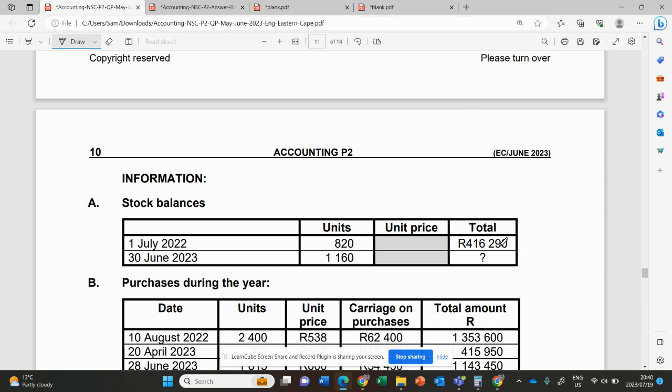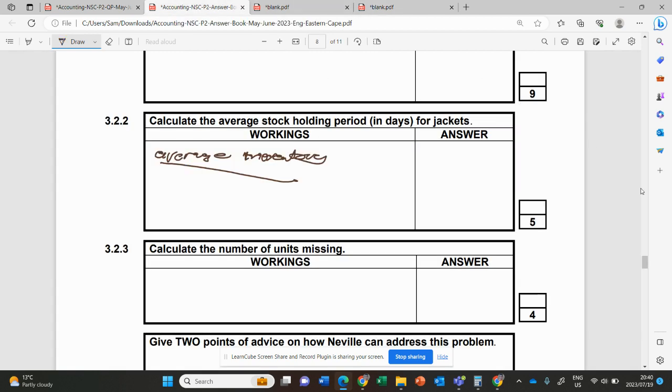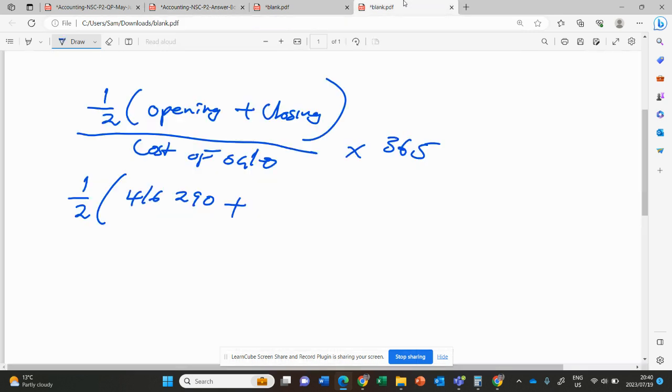The closing is the one that we just got now. How much was the closing? 672,800. Then you're going to divide with the cost of sales.